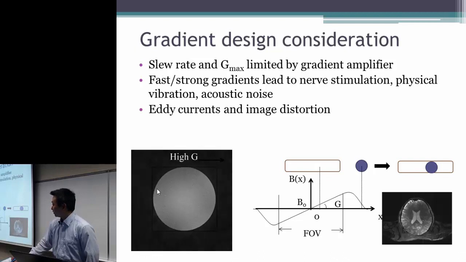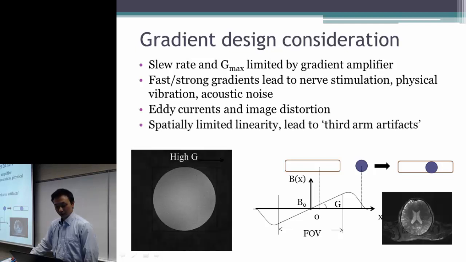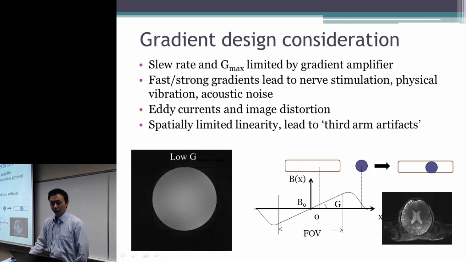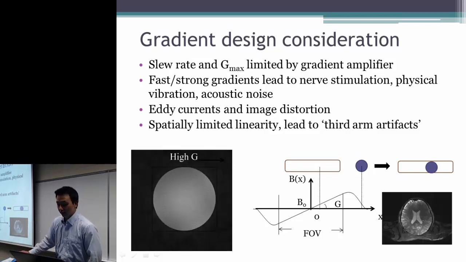So we saw this before when we were using different strengths of the gradient, if you scale the sequence differently. And also there is a spatially limited linearity of the gradient. So sometimes this would lead to a so-called third arm artifact.